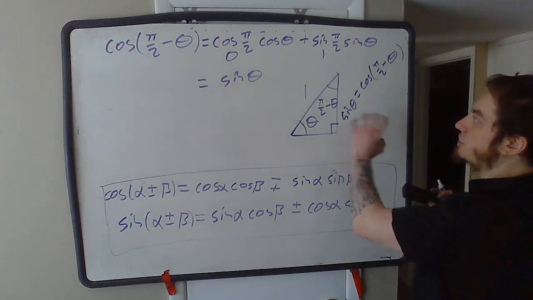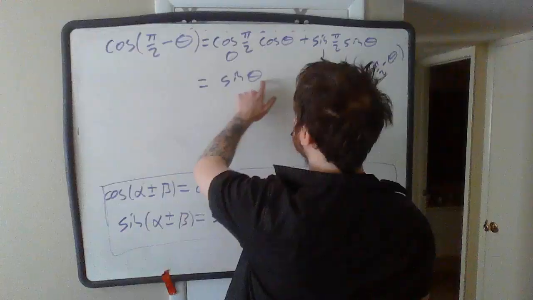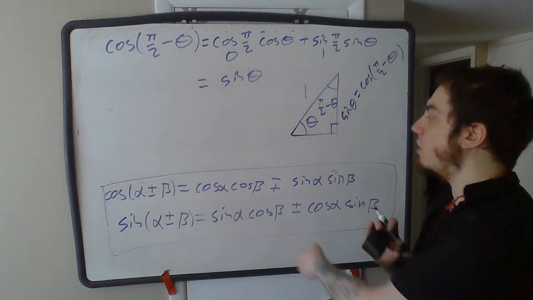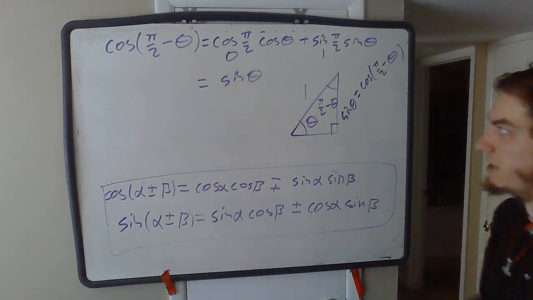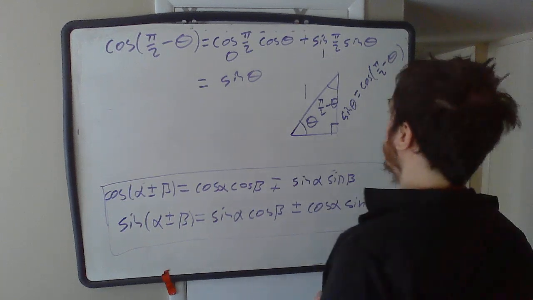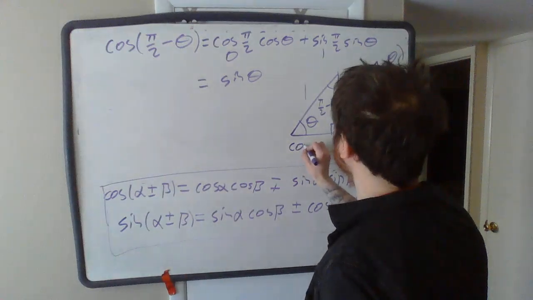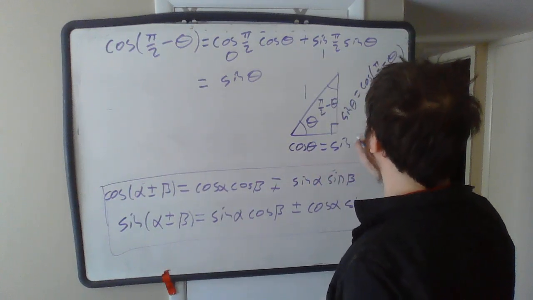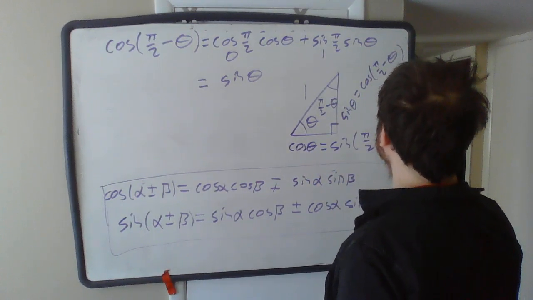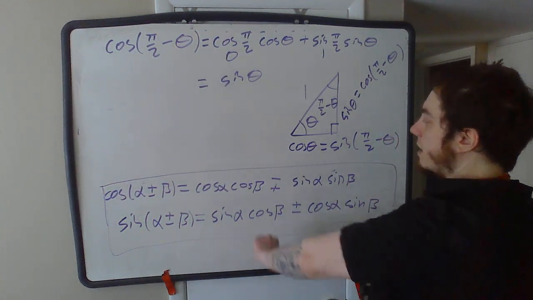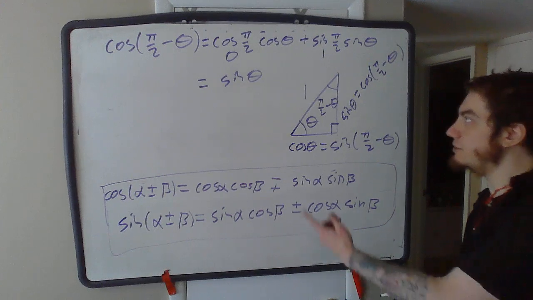So if you think about this in terms of triangles, this identity is exactly what you would expect. But it's good to see that we can also get it from this kind of an argument. And if you think about this triangle, then the bottom side here is going to be the cosine of theta, but it's also going to be the sine of pi over 2 minus theta. So you probably expect you get a similar thing going on in general for sine, and that is true.